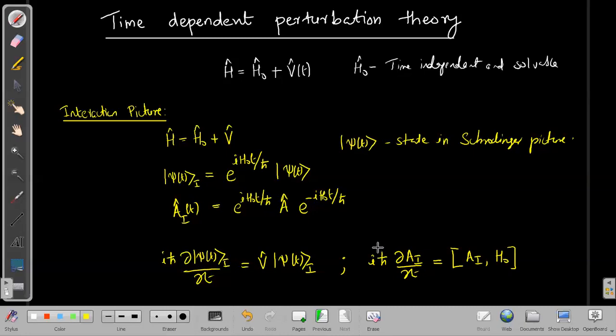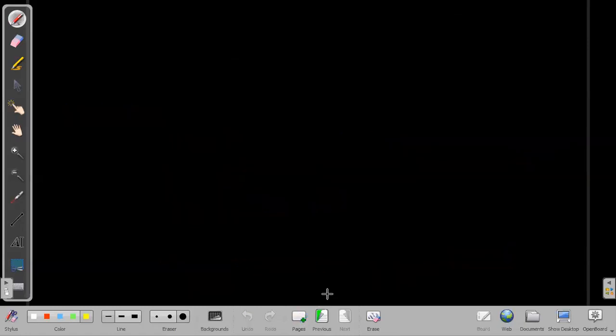Note that we have not started what is time dependent perturbation theory till now. Now we can start the formalism of the time dependent perturbation theory. So how to start about it?